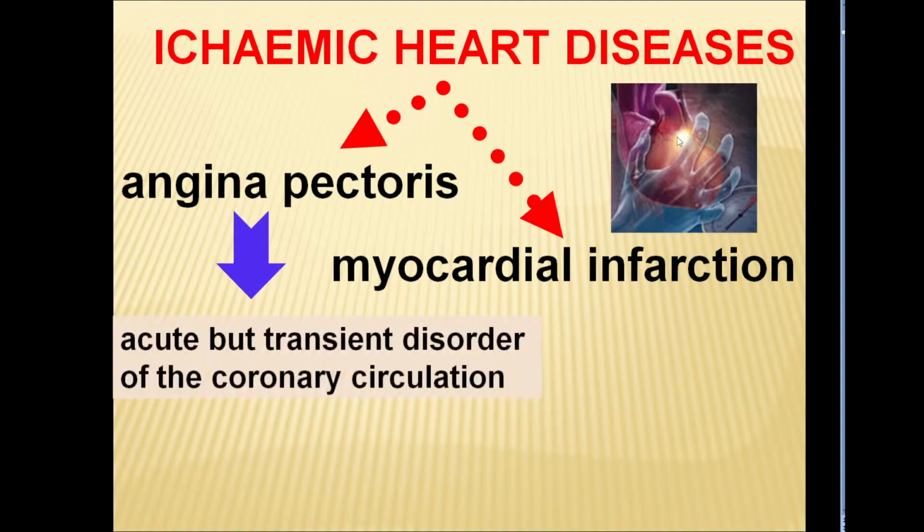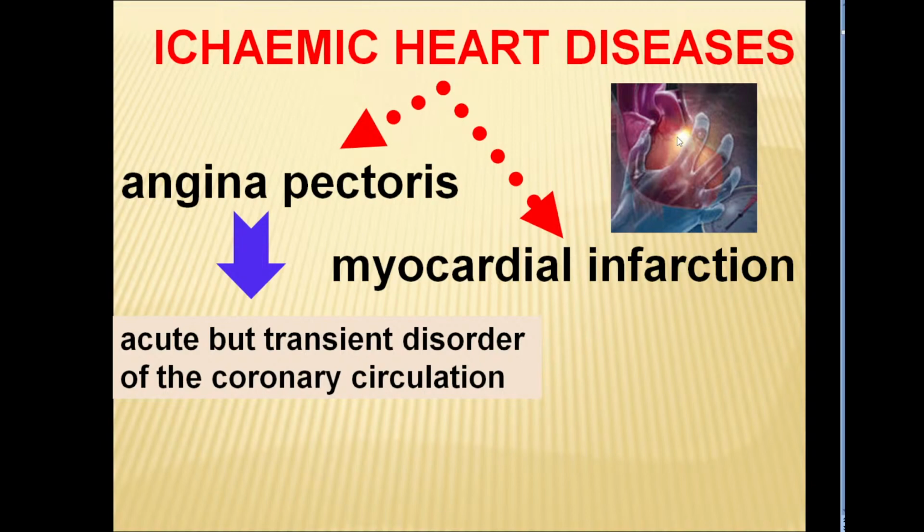When we are talking about angina pectoris, we think about acute but transient disorders of the coronary circulation. In other words, coronary circulation is restricted during short time and not accompanied with significant affection of the heart. Process develops slowly. Later will be some problem with the heart as formation of cardiosclerosis.